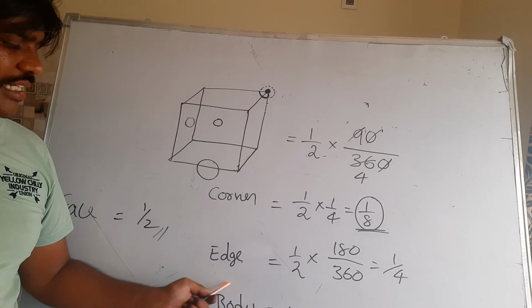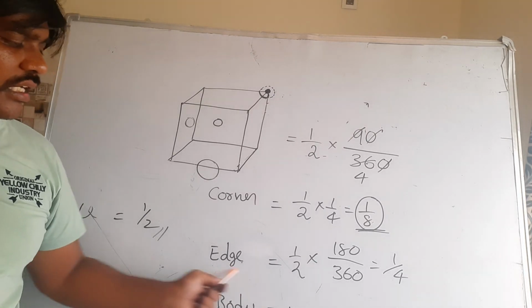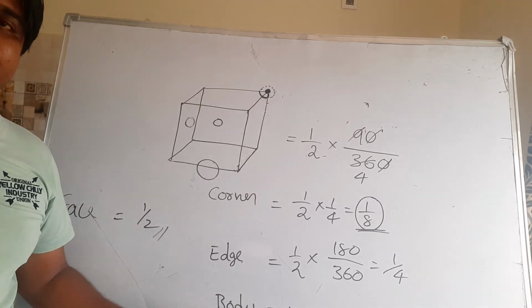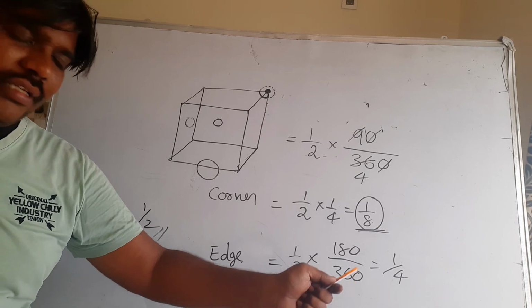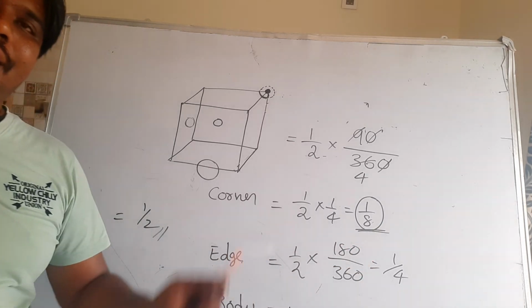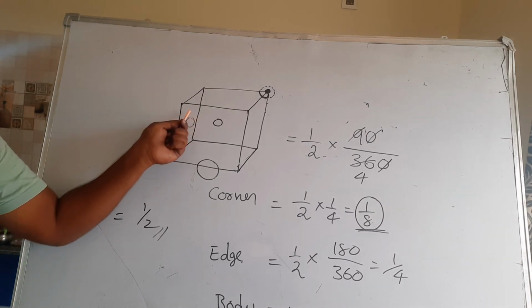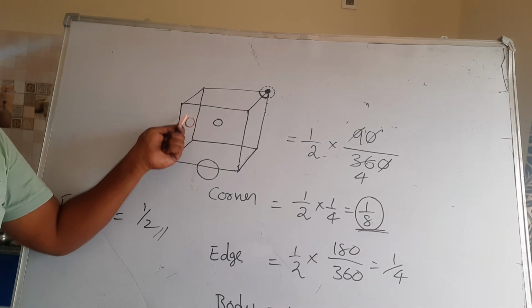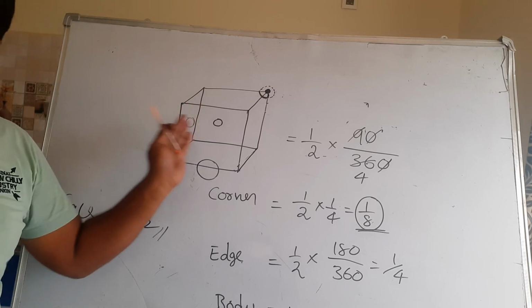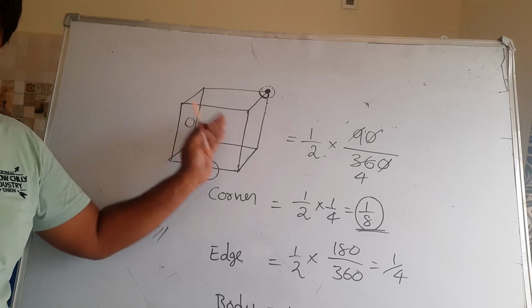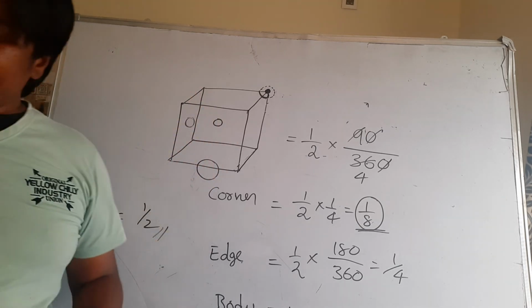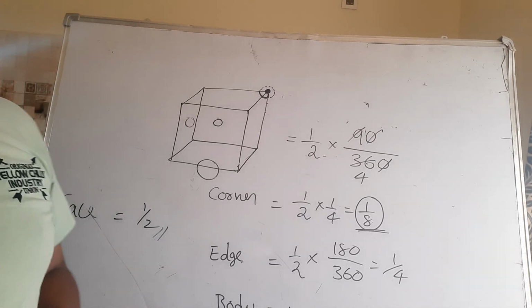So its contribution towards the unit cell is complete, that is 1. Suppose a lattice point is at the center of the face, its contribution towards one unit cell is half, and to another unit cell is half. These contributions are very important, students.